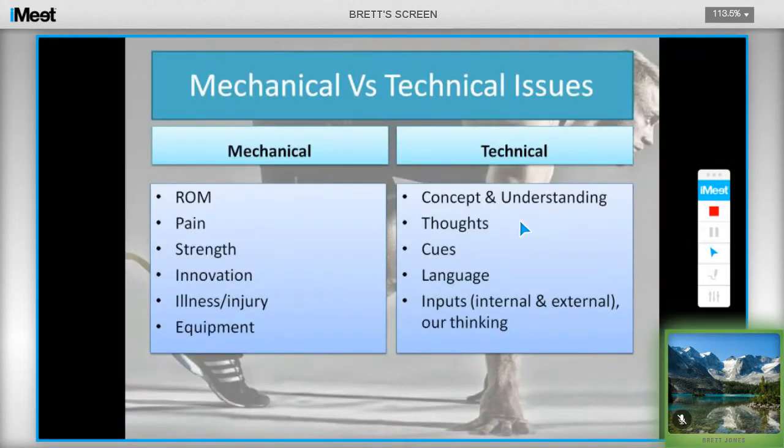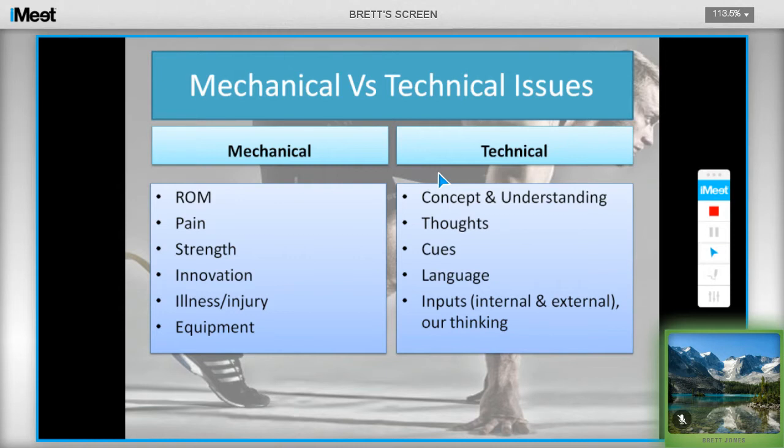The two main areas that I see that lead us to poor running economy or poor running efficiency can be broken into mechanical and technical areas. The mechanical side of the box, things like range of motion become compromised through either aging, contractures, dehydration, injury, surgery, those kind of things.